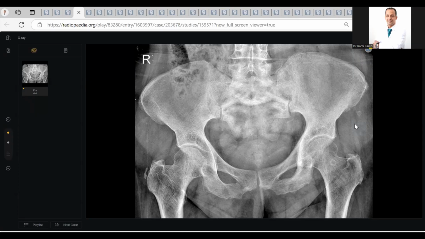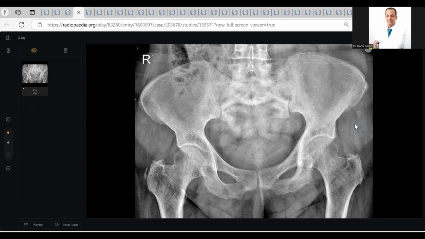What else? This is a sclerosis in the sacrum. The sacroiliac joint looks normal according to the age. The other one is any chondrogenic lesion of the sacrum, such as chondrosarcoma.